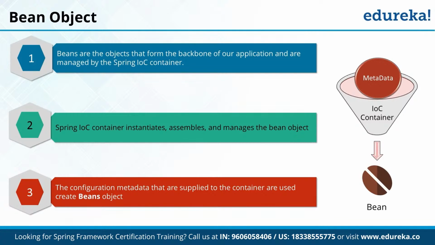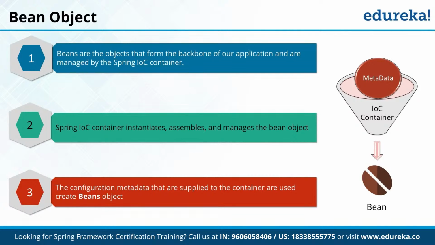Further, the Spring IOC container will be the one who will be responsible to instantiate, assemble, or manage the life cycle of your entire bean object. The configuration metadata and the bean is given to the Spring container so that we can get the constructed bean object, right?